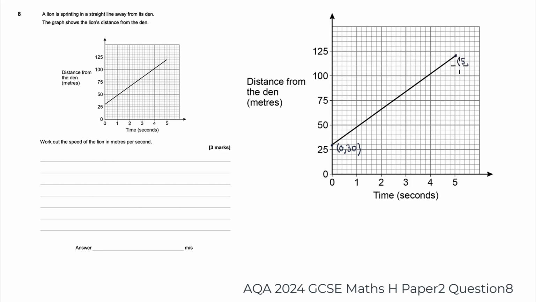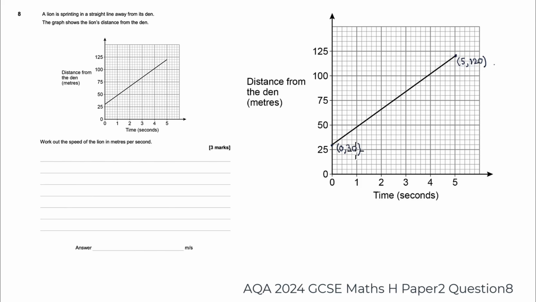And how far has it travelled? Well, look, that's 1 square short of this 125 metre line. So 5 metres away from 125 would be 120. So after 5 seconds, it's now 120 metres from its den. But remember, it started 30 metres away from the den.